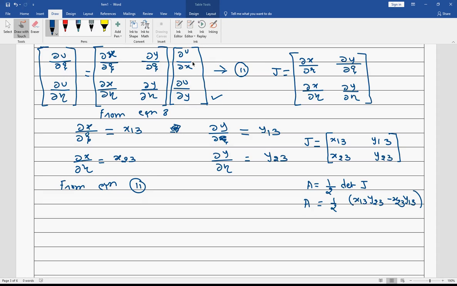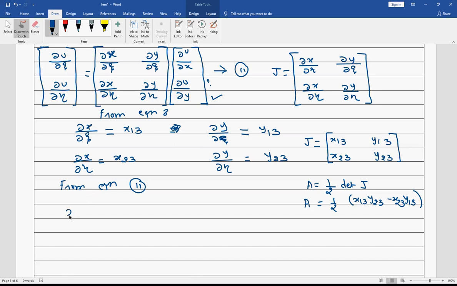That's in global coordinates, and it represents the strain in x direction and strain in y direction because of displacement u. I want to find out this and not that.